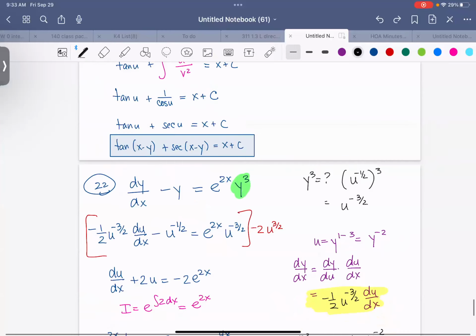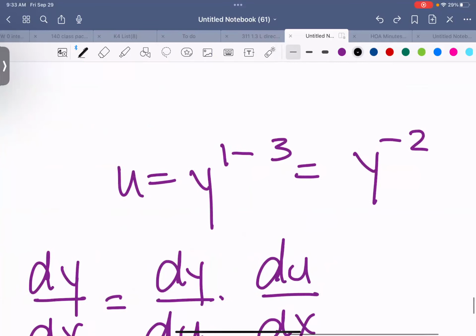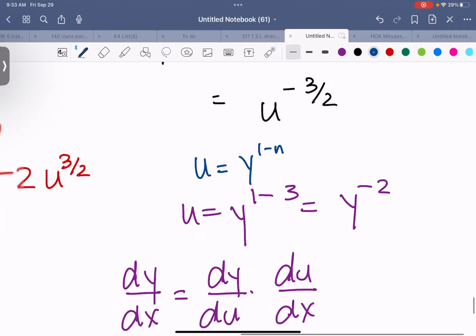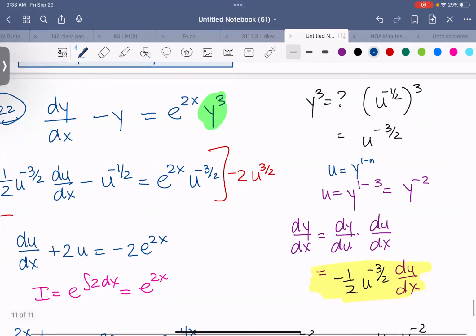We just skip that and say, yes, we can see that once. And we know that because in general, that's the n. So that's where they get that your substitution is y to the 1 minus whatever that power is. I just didn't go through all the details on how and why. Sometimes it's worth it to go through the how and the why, and other times it's just not. But if you like it, then go for it.